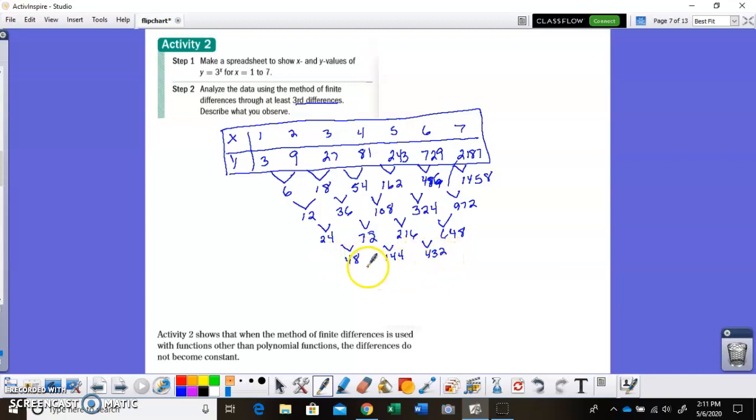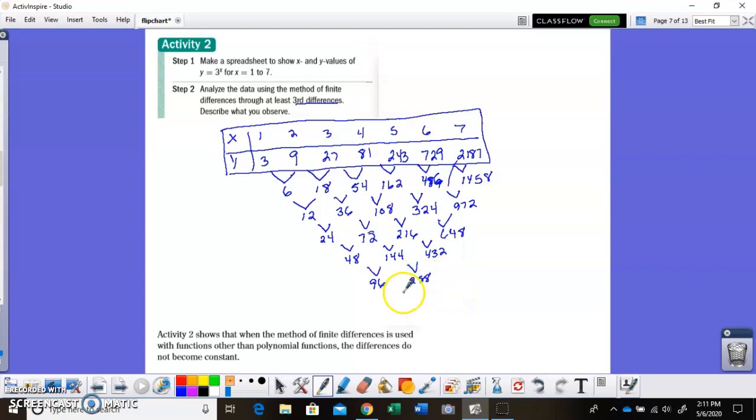Those don't match. Let's go down one more level and see if it's fifth degree. 144 minus 48 is 96. And 432 minus 144 is 288. So you can see I can't go further than this because I have no other number to match it to see if it's constant.